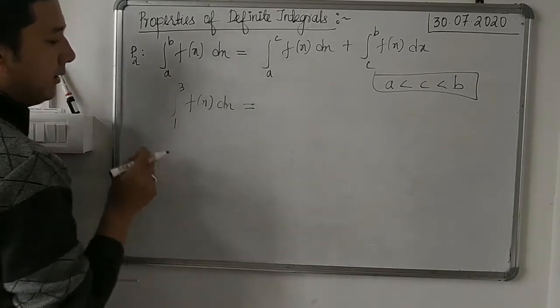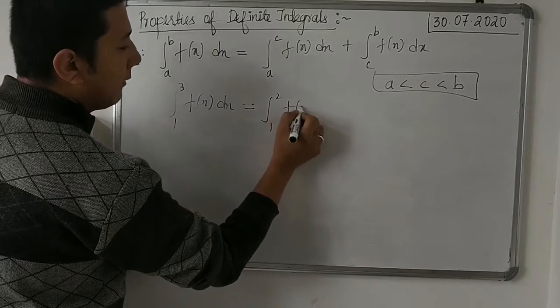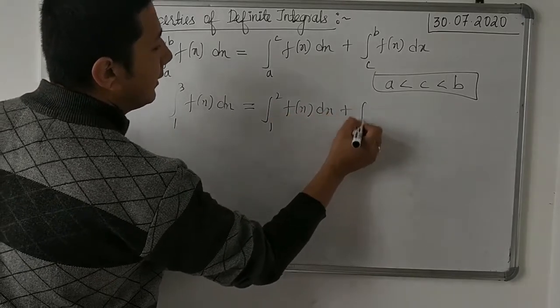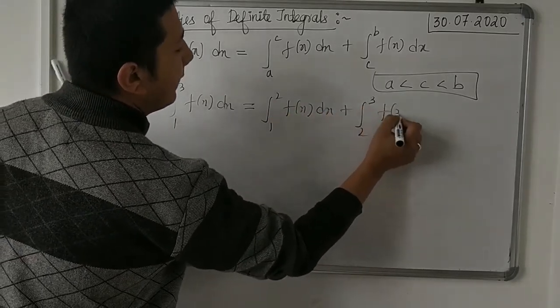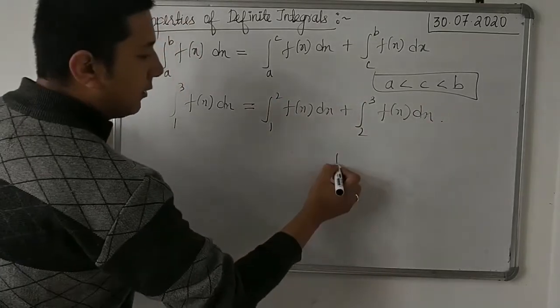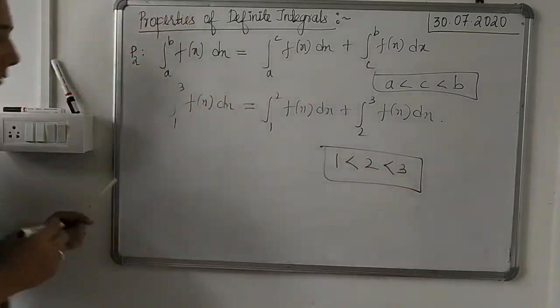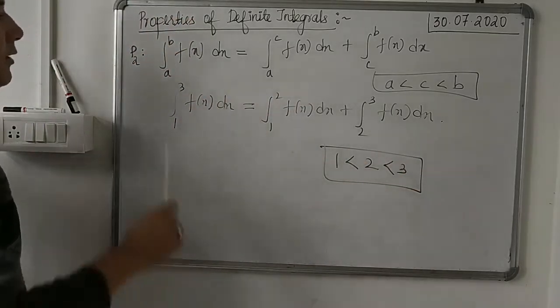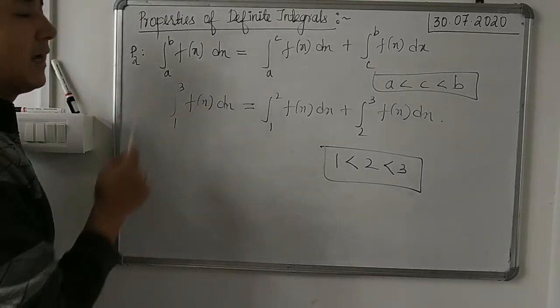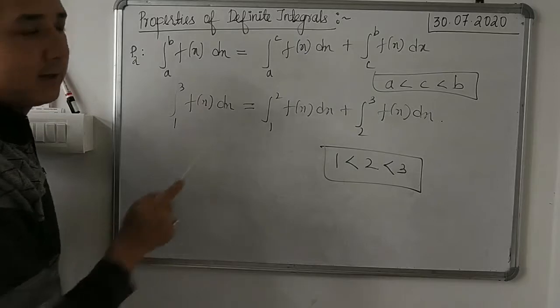This 1 to 3 interval, I can break it as 1 to 2 f(x) dx and then again 2 to 3 f(x) dx. We can clearly see here 1 is less than 2 and 2 is less than 3. So whenever I have a to b f(x) dx, I can always break it as a to c f(x) dx plus c to b f(x) dx.